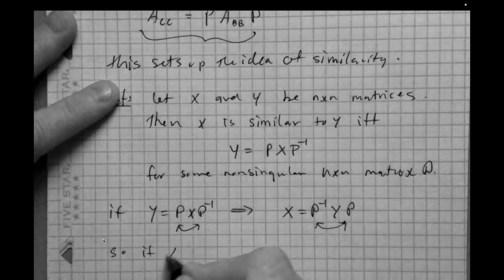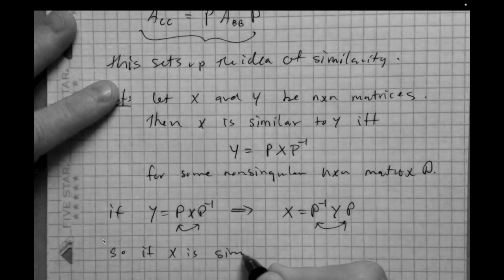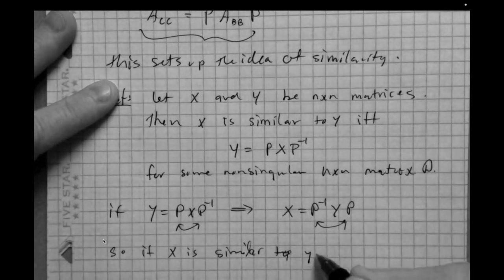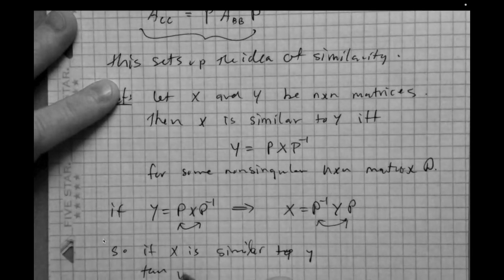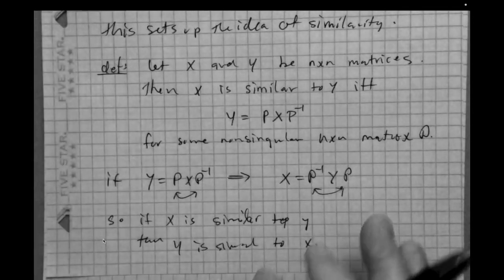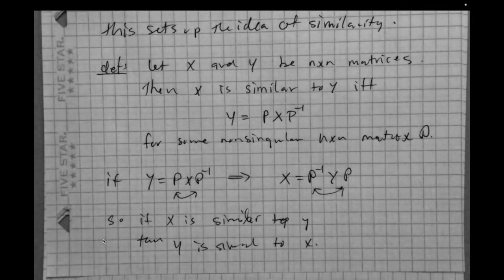So if X is similar to Y, then Y is similar to X. Maybe you don't even need to be told that, but just making sure. And that is what we mean by similar.